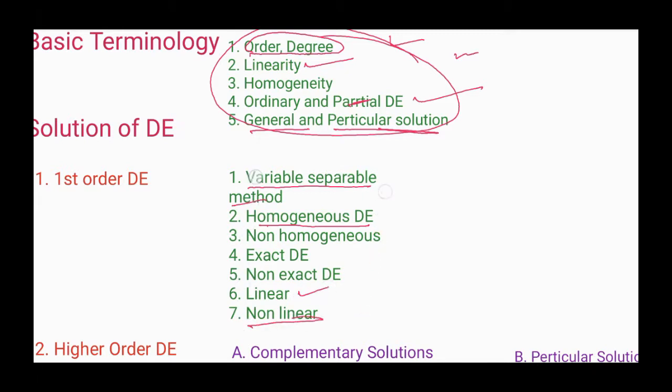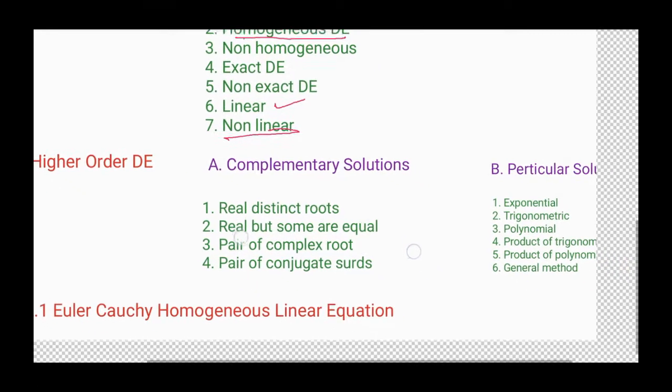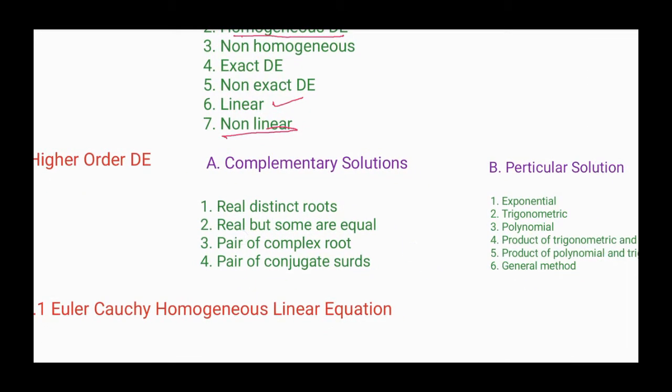Next comes the higher order differential equation. In case of higher order differential equation, basing upon the solution types, under complementary solution we can use these types of methods, and these methods are only based upon what type of roots we are getting.